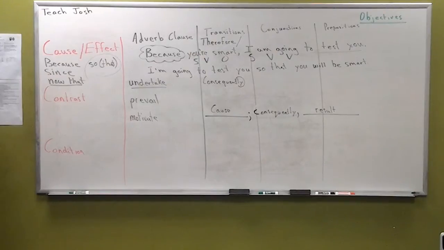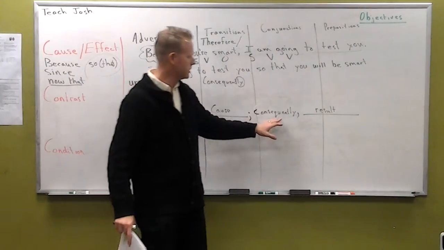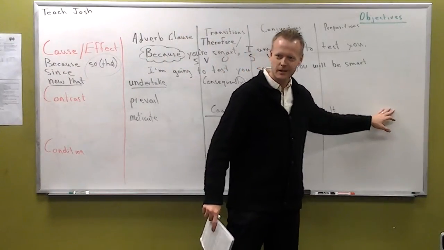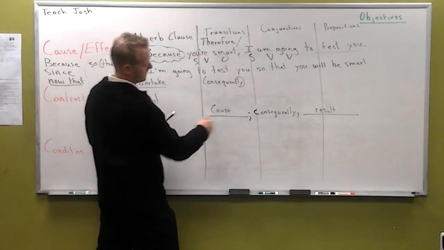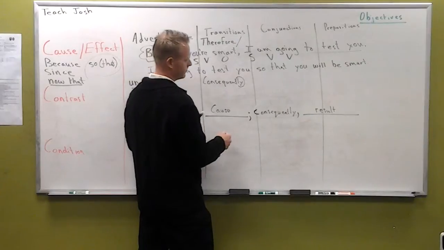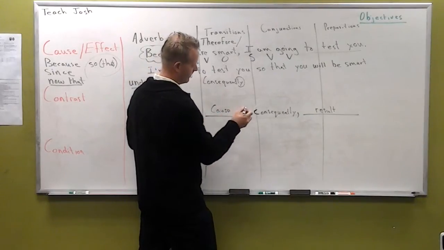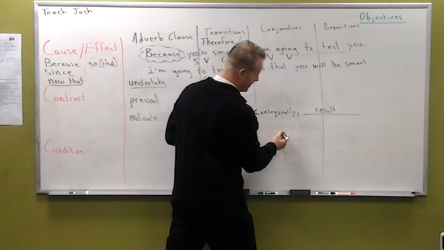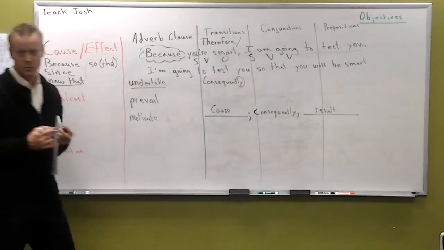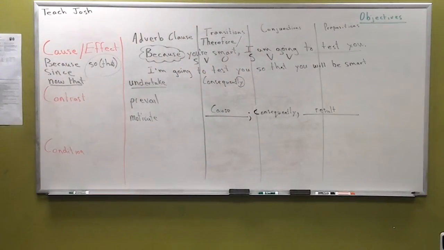The other interesting thing you can do with these is you can actually stick them on the end. So you can say, I'm going to test you, and you put a semicolon, and then you could say, so that your English skills will improve, comma, consequently. It's kind of interesting, but a lot of people don't know you can stick those on the end like that too. Does that make sense?